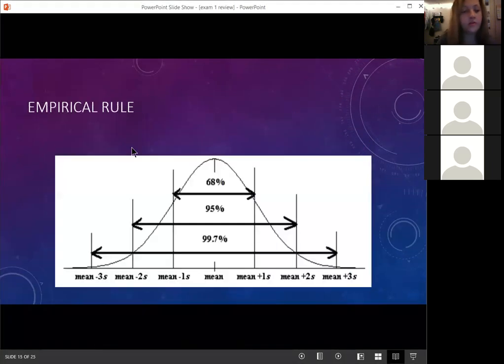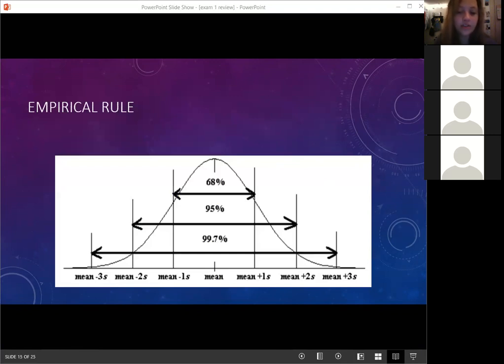Okay, and the empirical rule is a similar idea where we talk about what percentage of the data is within the different parts of the graph. Plus or minus 1 standard deviation is 68% of the data, plus or minus 2 is 95%, and plus or minus 3 is 99.7%.